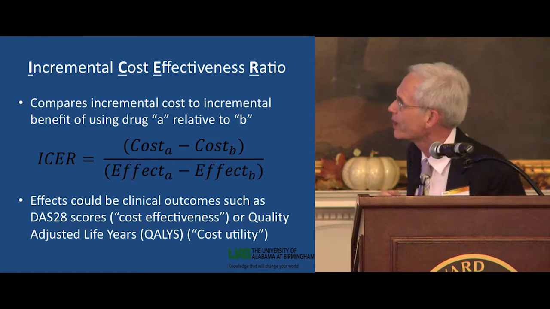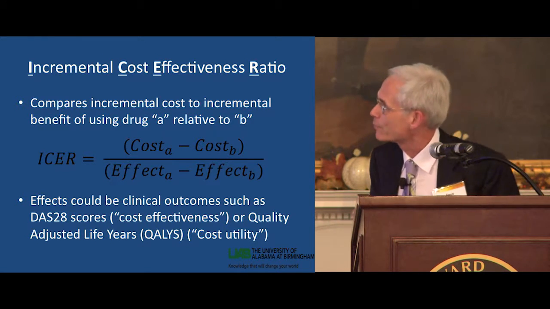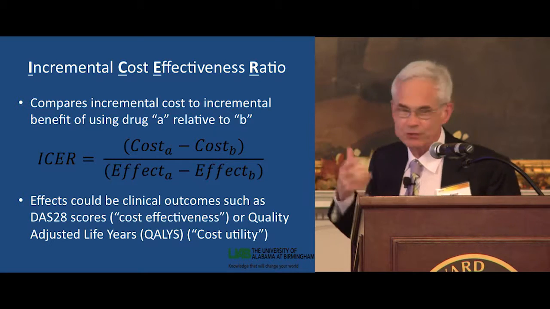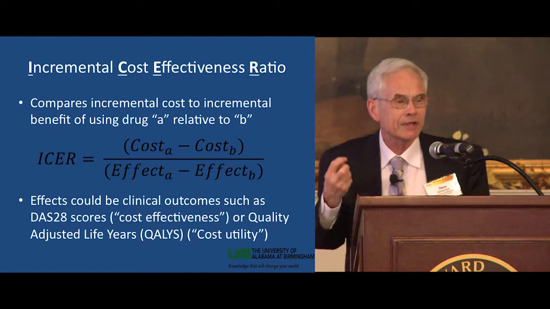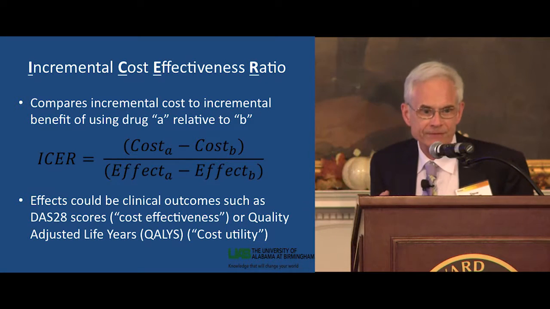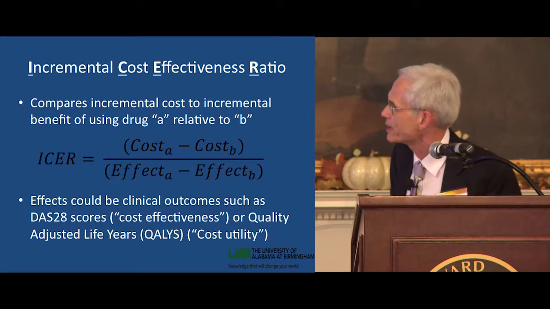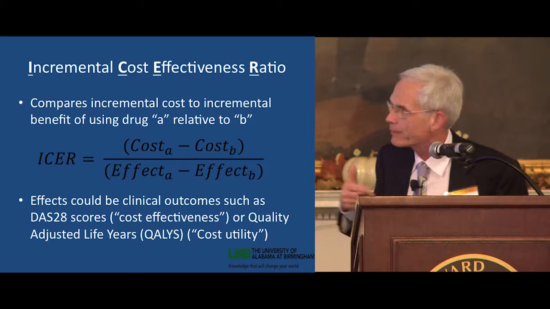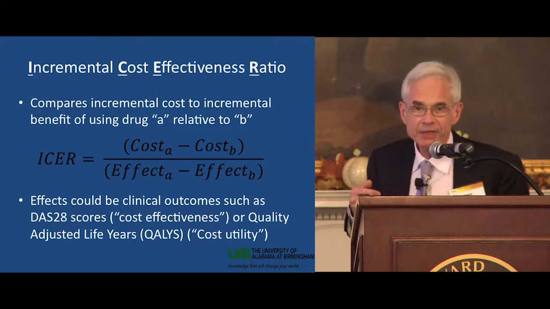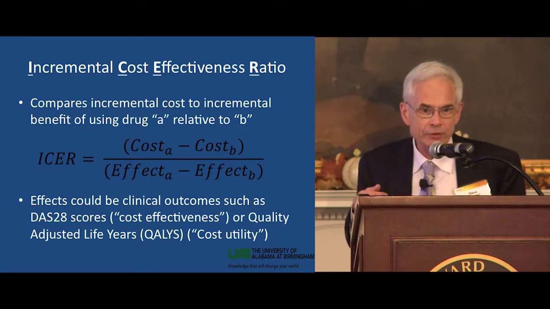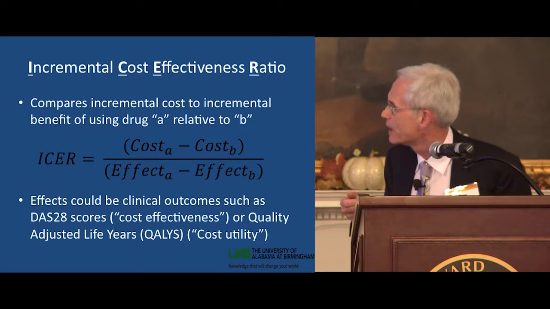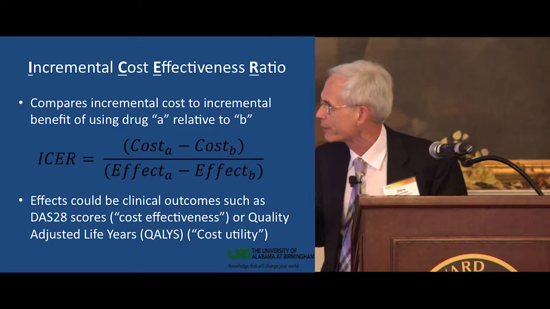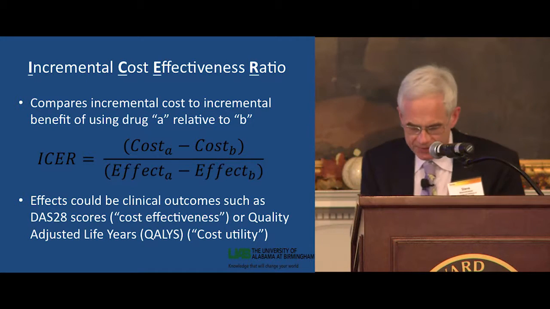That's the invisible equation. And I'll have more to say about that in the future, but generally the ICER is the thing that is looked at by those who do cost effectiveness or cost utility evaluations. Once again, the denominator here could be either a clinical measure, in which case we're going to be talking technically about cost effectiveness, or the denominator could be something like quality adjusted life years.